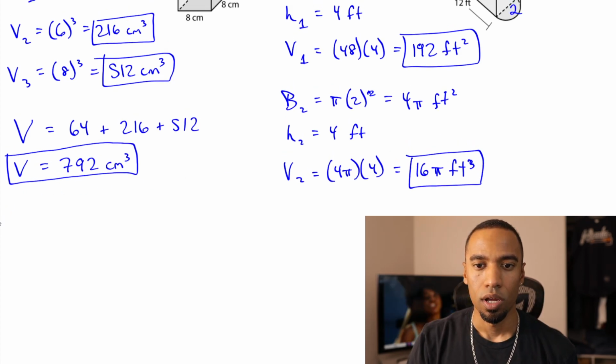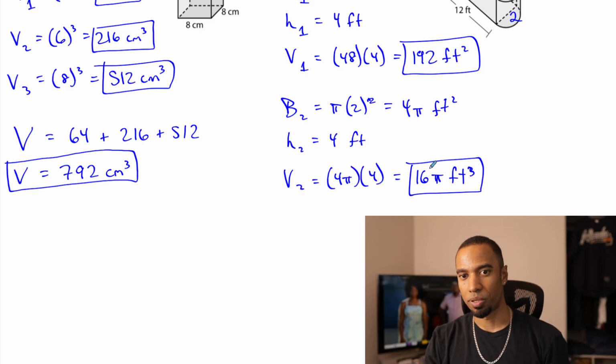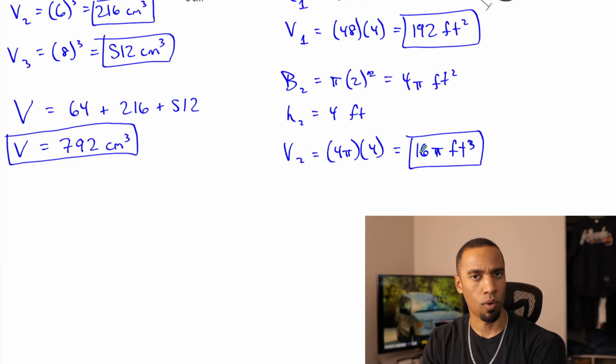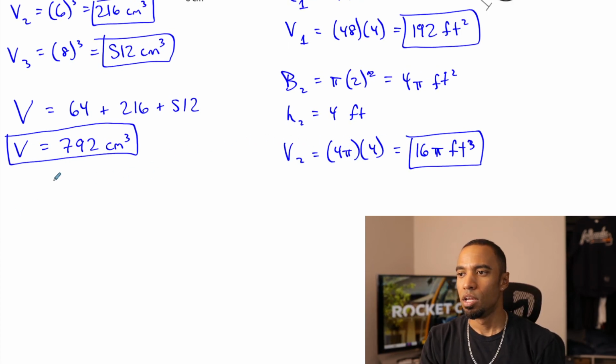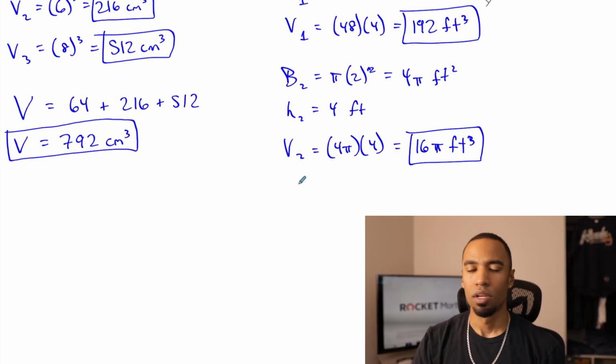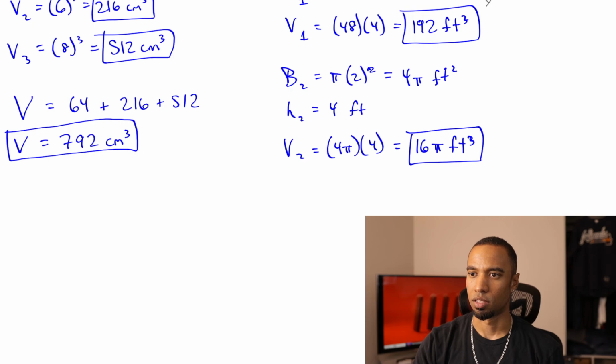Okay, so we're going to do 192 plus 16 pi to get the last thing. It's going to be around 242. I can already say that because I think 16 pi is right around 50. Oh, I put square feet here as well. That's totally my bad. Let's use black for this part.